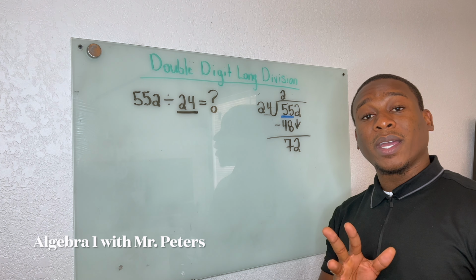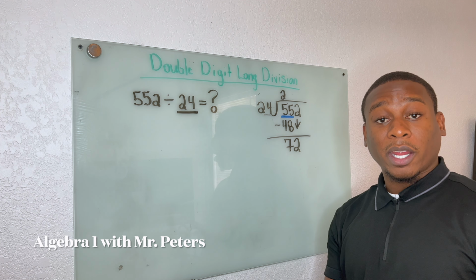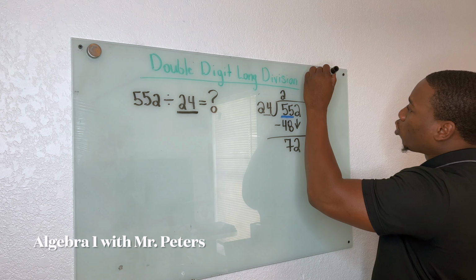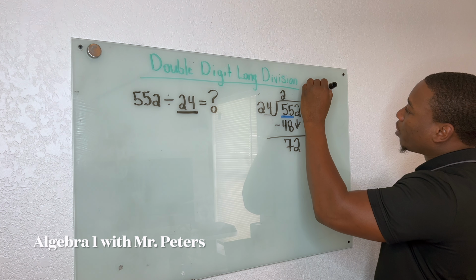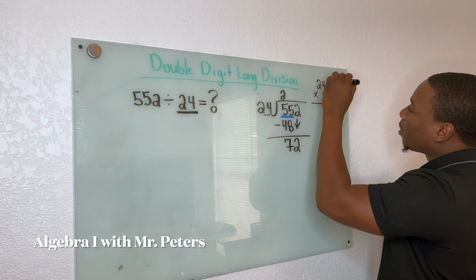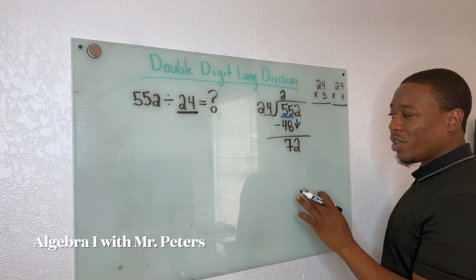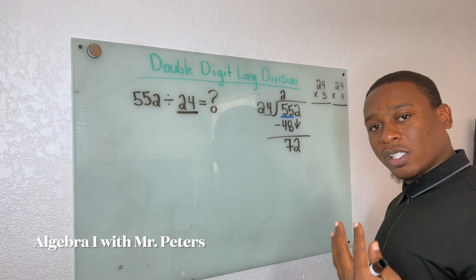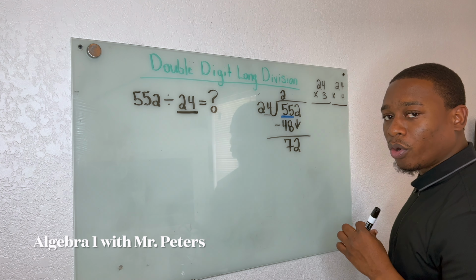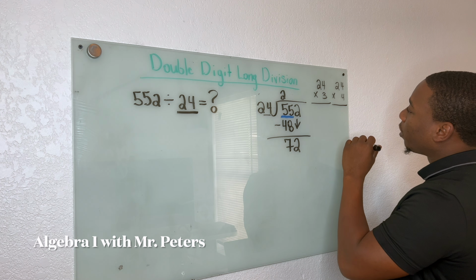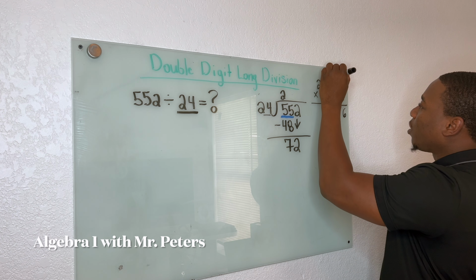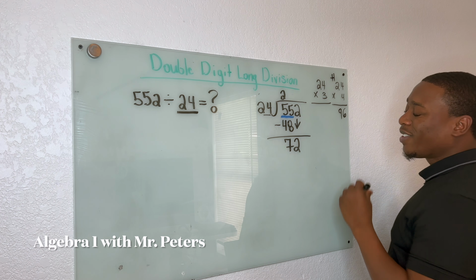But before we do that, this is when I talk about trial and error. We're probably going to want to go out to the side and multiply 24 times 3 and 24 times 4, because we know that's going to give us as close as we can to 72 without going over it. So let's start off with 4. That's 16 plus 1, this is 96.